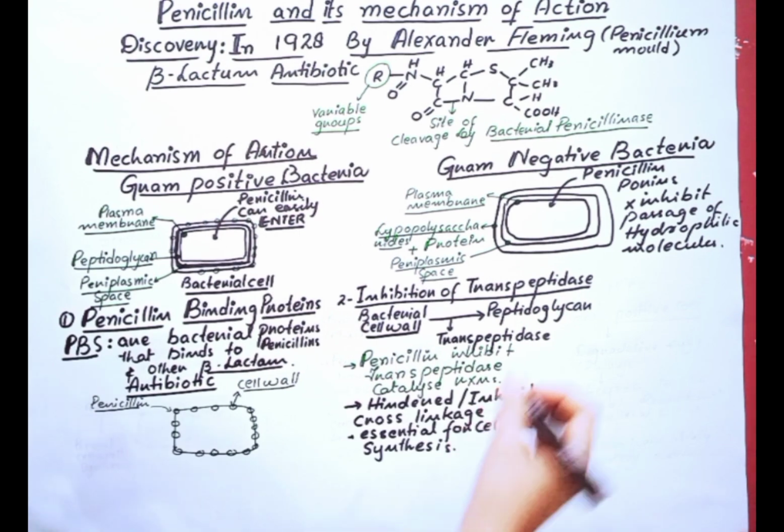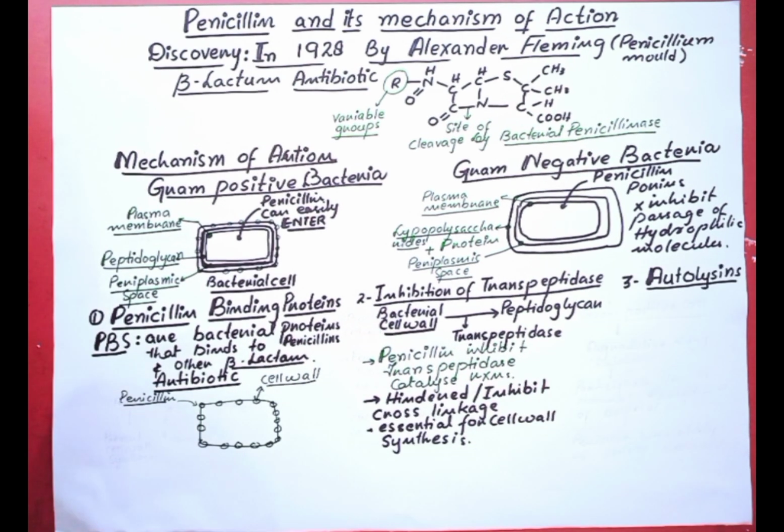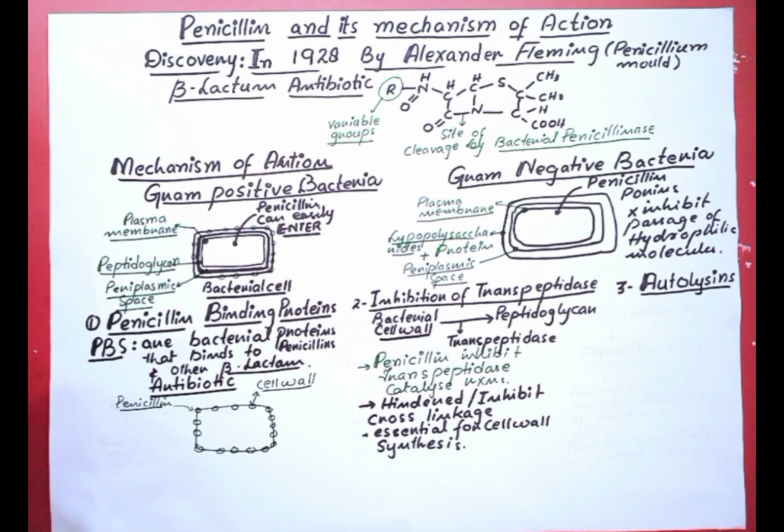The next is autolysins. Mostly gram-positive bacteria produce degradative enzymes. These autolysins are degradative enzymes that participate in the normal remodeling of the bacterial cell wall.